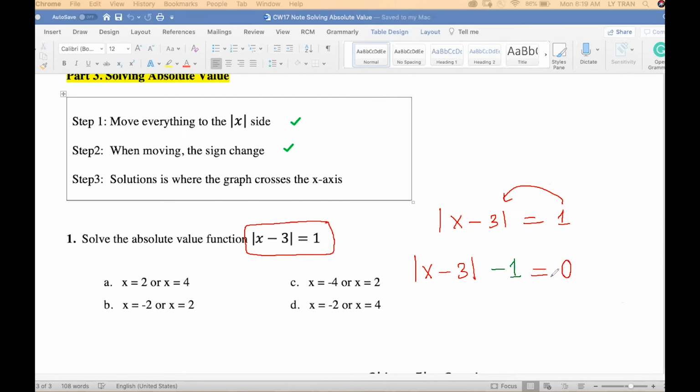And if you leave it at 0, you're going to see 2 straight lines. So we talked about this when we did quadratic, that we have to change 0 to y. Okay, so here we go. We want to change 0 to y. So make sure, I think I should add that here, you have to change 0 to y. And we will explain when we graph them. Okay, so now the equation will look like this: absolute value of x minus 3, minus 1, equals y.